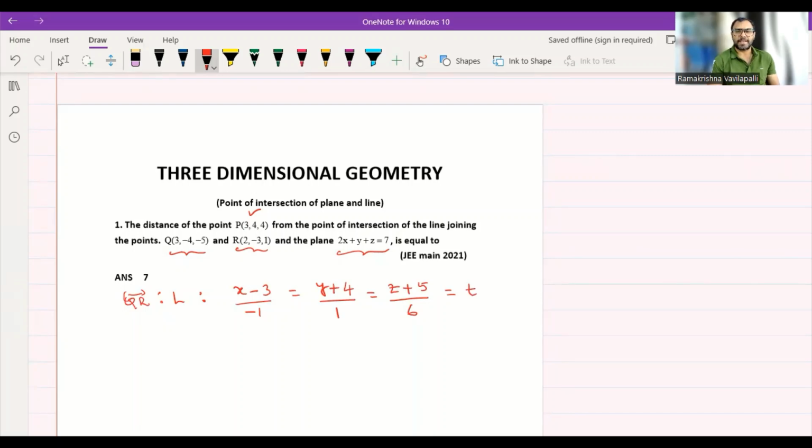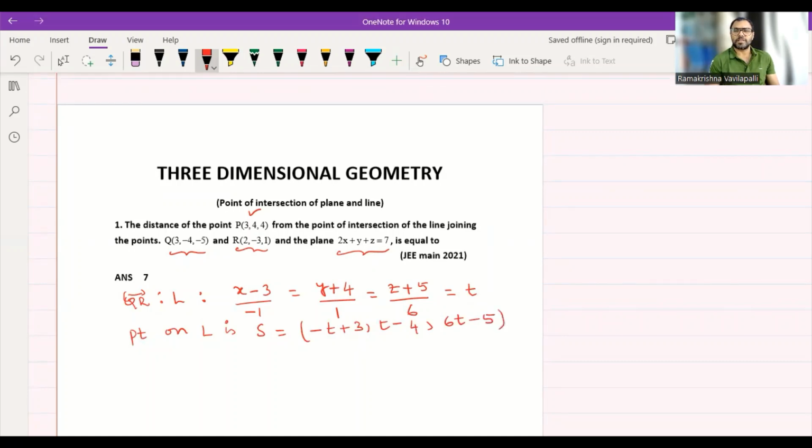So any point on L is S equal to, you take the general point minus t plus 3, t minus 4, 6t minus 5.